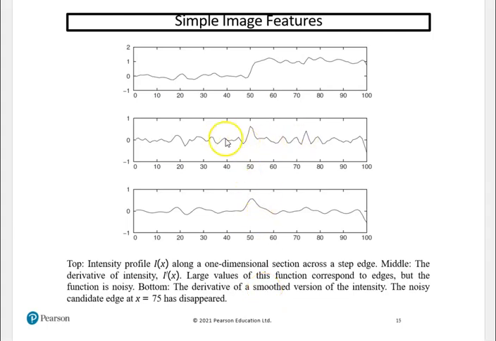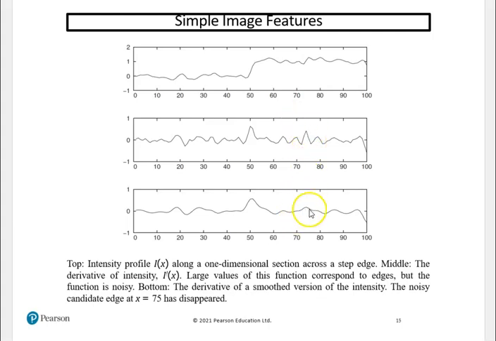Now, if we smooth that derivative, the middle chart, we obtain the bottom chart, which is the smoothed version of the intensity after applying the convolution process that we described earlier. In that case, you can see that at 75, it seems that the derivative is high, but in reality, there's no true edge here.